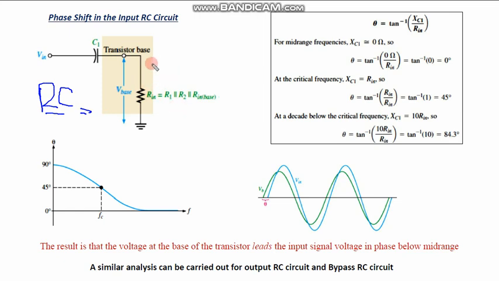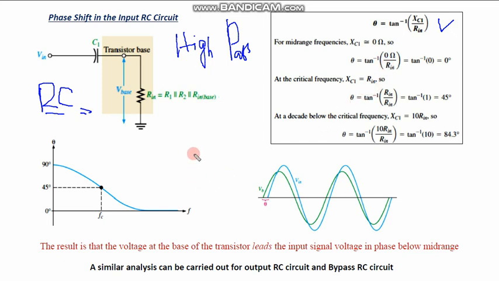Over here, this circuit corresponds to a high-pass RC circuit. For a high-pass RC circuit, the phase shift is given by the formula, tan inverse of XC divided by R. Now let's calculate some values of the phase shifts at different frequencies.